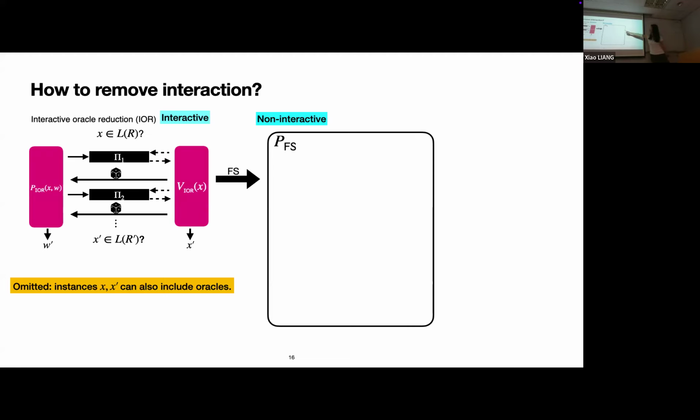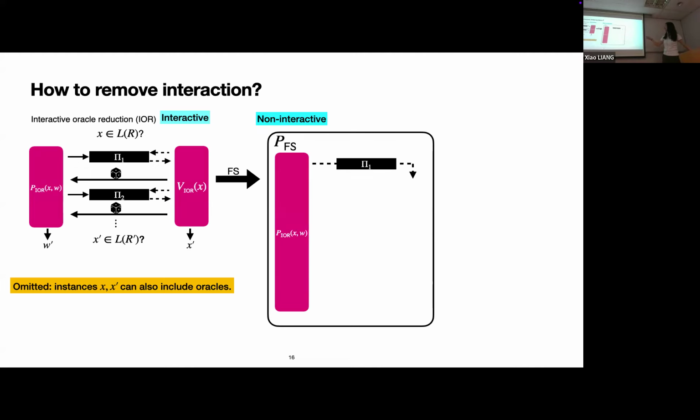With the Fiat-Shamir transformation, the end result is a non-interactive protocol. The Fiat-Shamir prover simulates the IOR prover, and uses the random function to derive the randomness itself, instead of using interaction and waiting for the verifier to give it randomness.